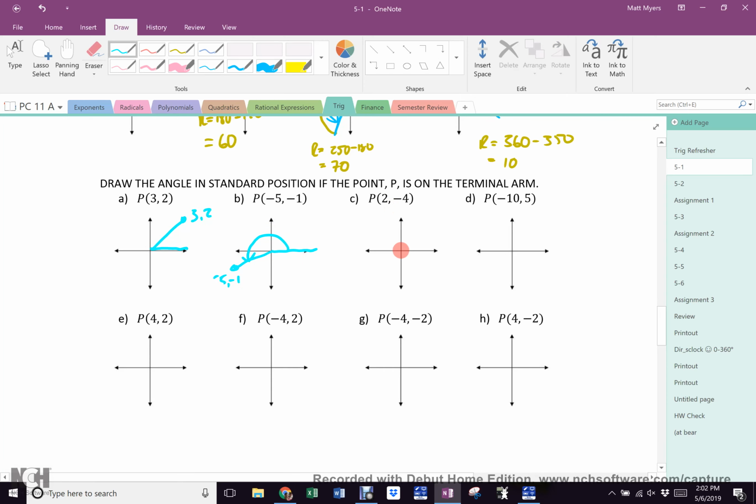Quadrant 2. 2, negative 4. Quadrant 4. X's go first. Where's this one? Quadrant 2, negative 10, up 5. You do those 4.